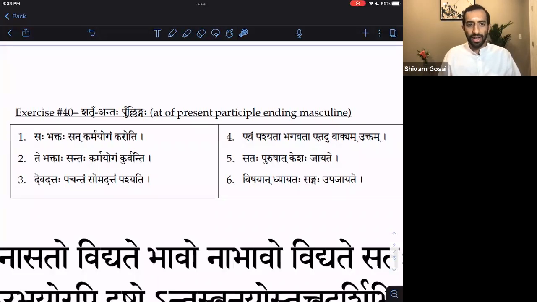Son means being, right? So being a Bhakta, Saha karoti, he does karma yoga. Being a Bhakta, he does karma yoga. Bhaktaha santaha, being Bhaktas, they kurvanti, they do karma yoga. So this son has the meaning of being. So being something.